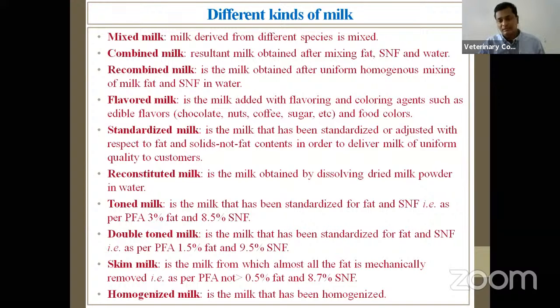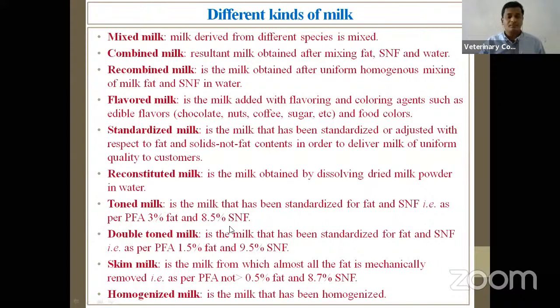Toned milk is a milk whose composition with respect to fat and SNF has been fixed to 3% fat or 8.5% SNF. That's the toned milk. Double toned milk, the fat percent is reduced by one more time, that is 1.5% fat or 9.5% SNF is a double toned milk.